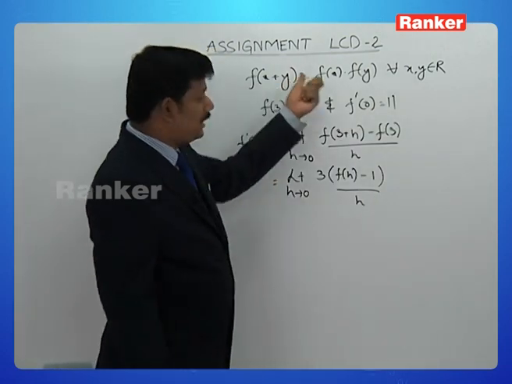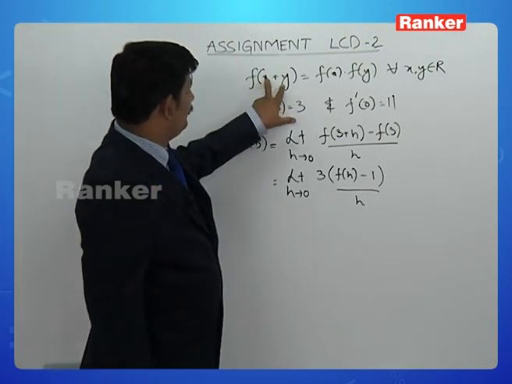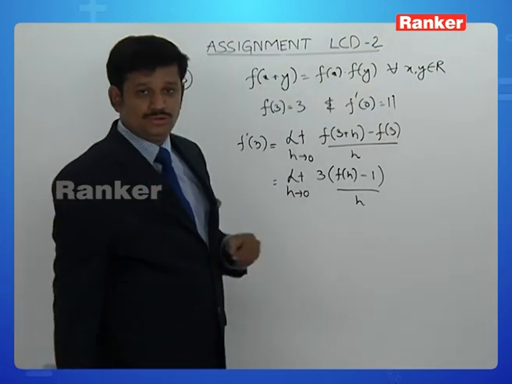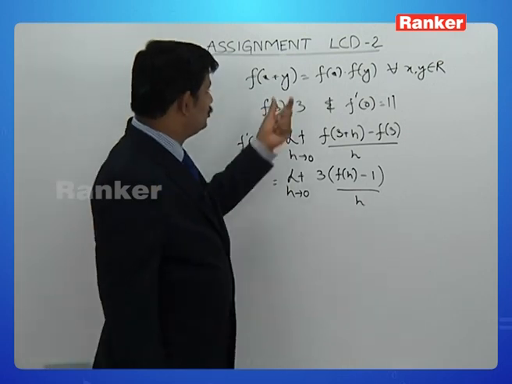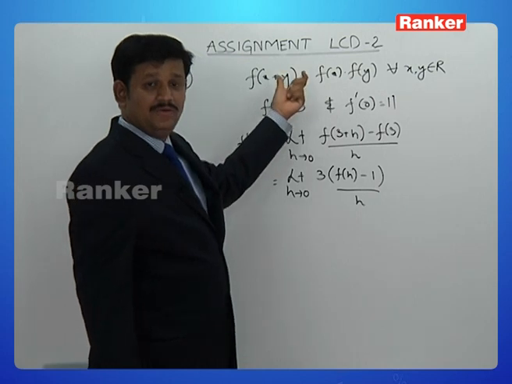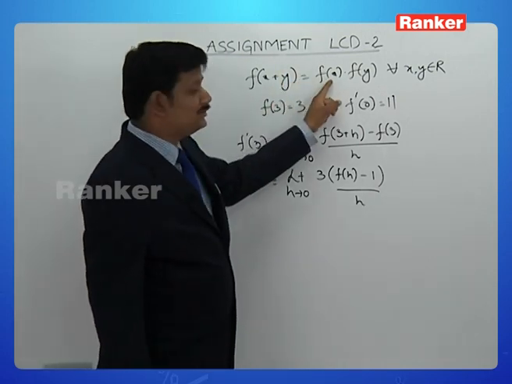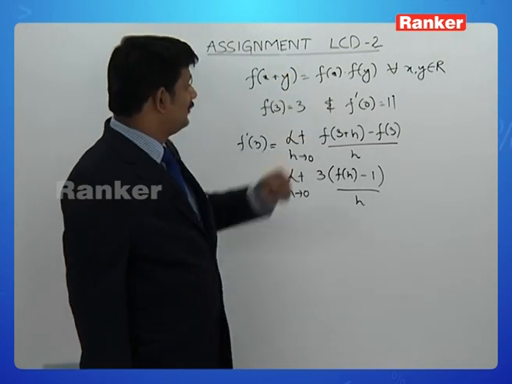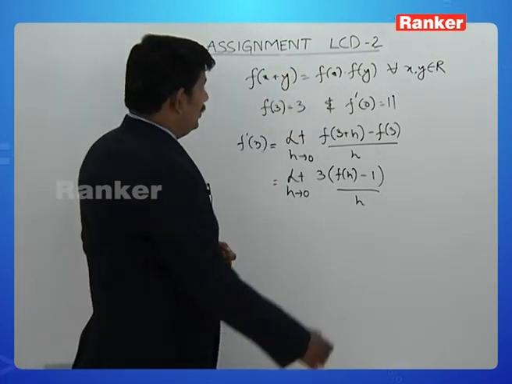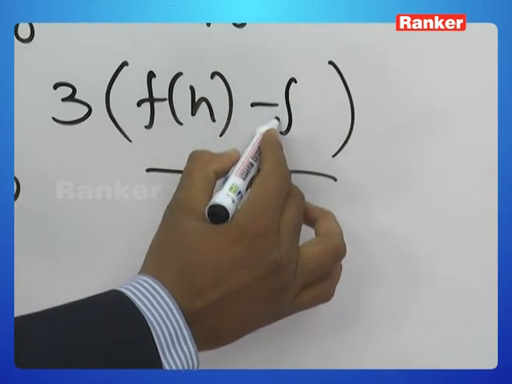So, f of 0 has to be 1. That leaves us with two possibilities, f of 0 equal to 0 or f of 0 equal to 1. So, this 1 we can write as f of 0.